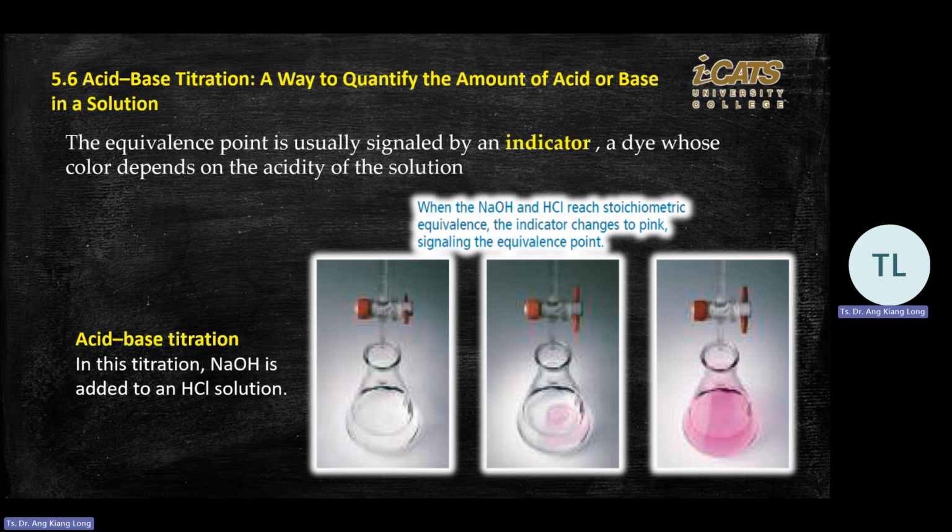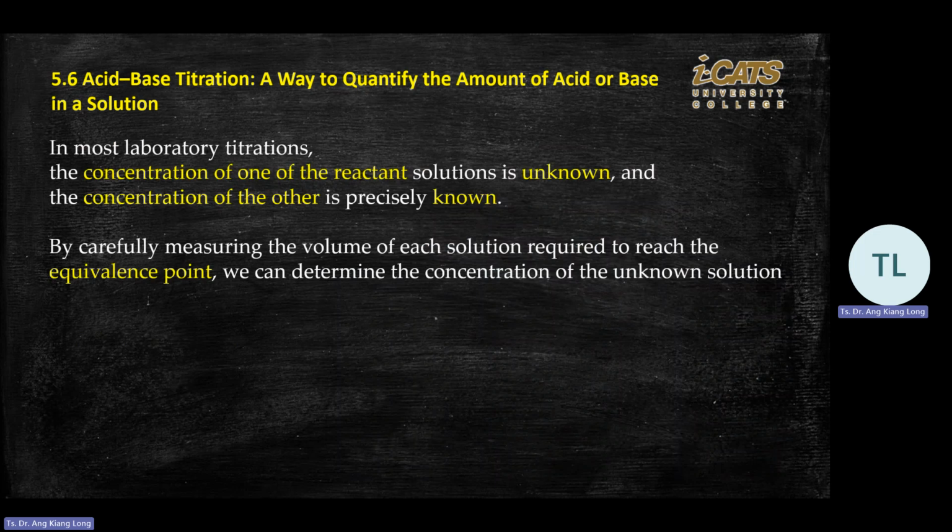It is a chemical where you can see a color change. In most labs, in the normal lab sheet experiment in your school, usually you are given an unknown reactant added to another which is a known solution.